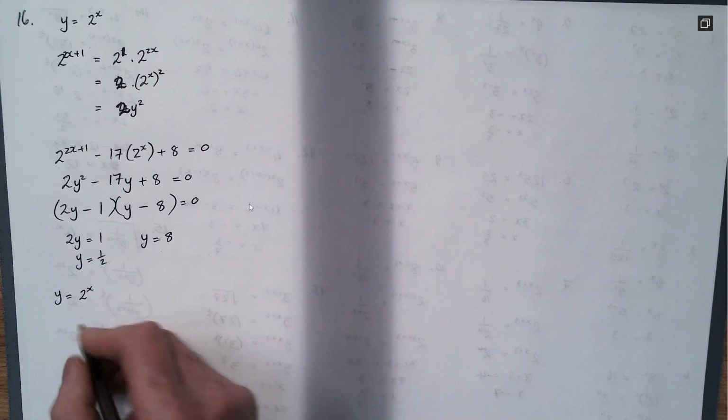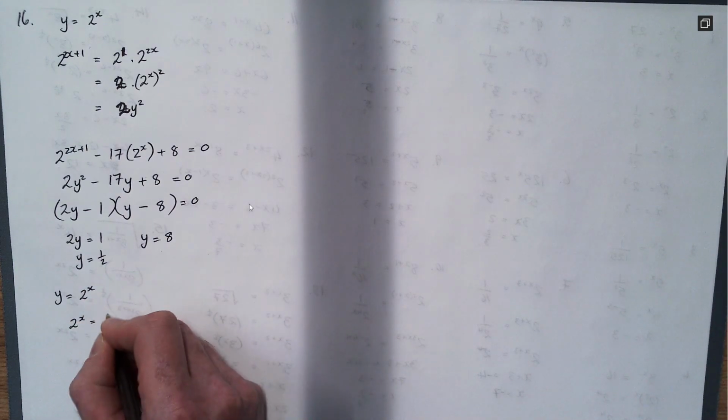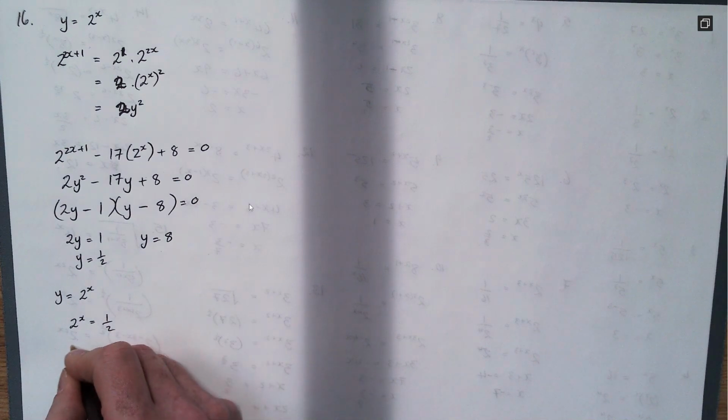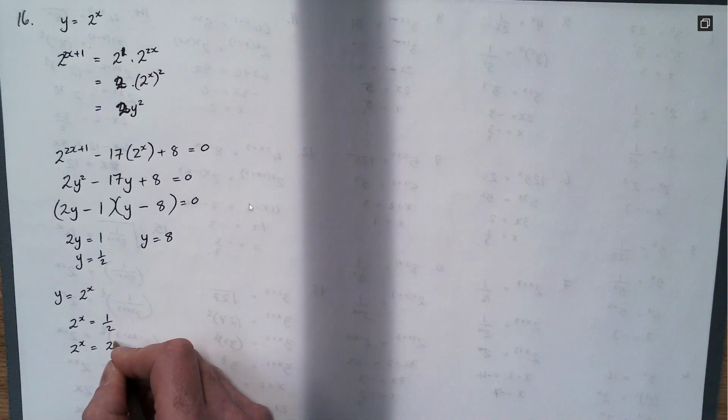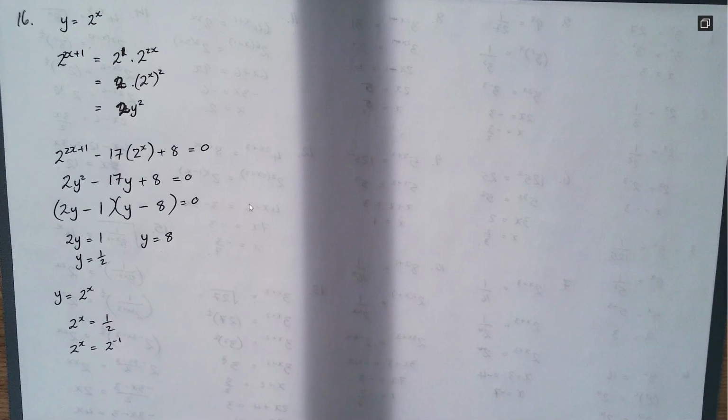So 2 to the power of x equals 1/2, and 2 to the power of x equals 2 to the minus 1. So x equals minus 1. There's your first solution.